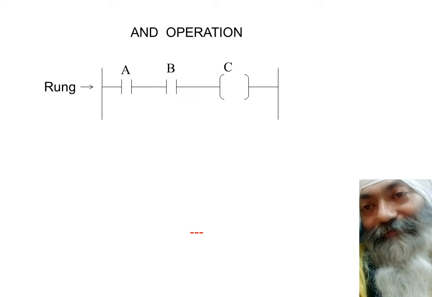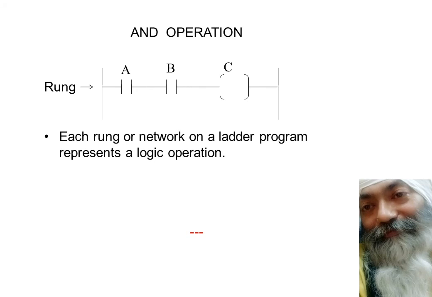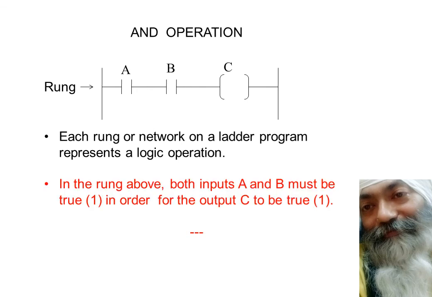I think I should not go beyond this because it's likely to result in some kind of confusion or information overflow. So I stop over here, simply saying that each rung or network on the ladder program represents a logic operation, and in this rung, both inputs A and B must be true.